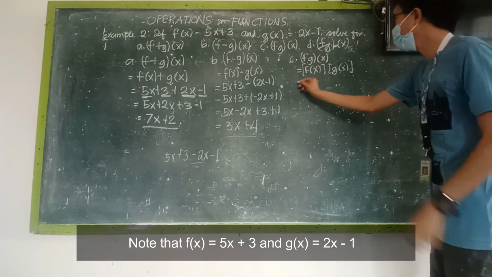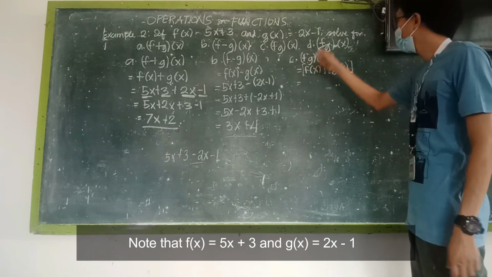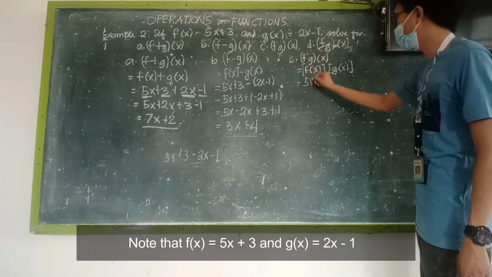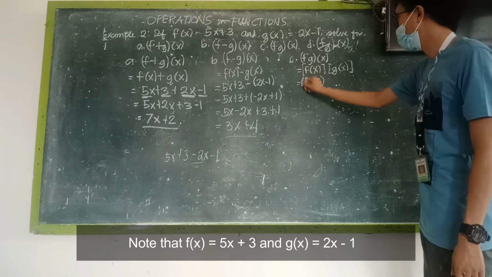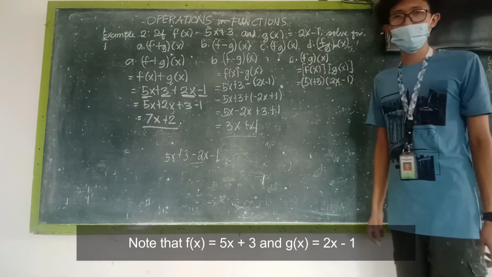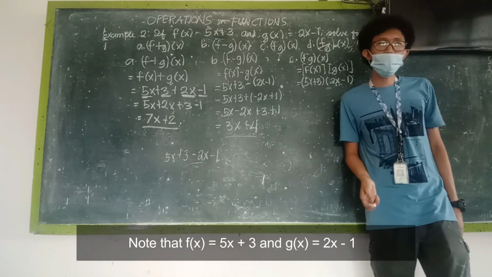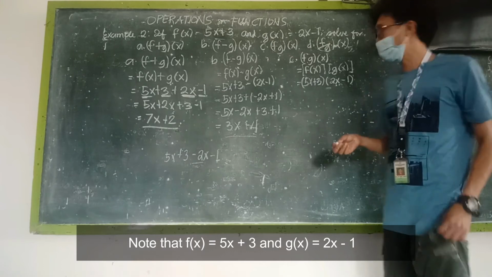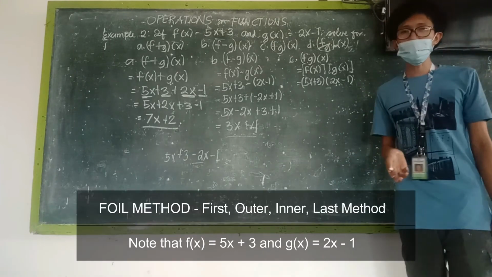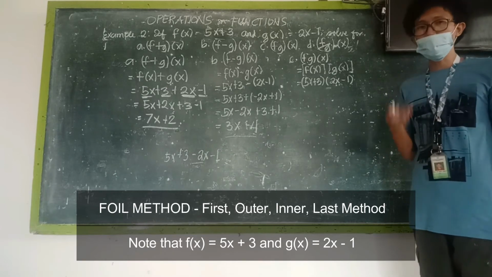So ang gagawin natin dito, we have f of x, so magiging 5x plus 3 times 2x minus 1. In multiplying binomial and binomial, we are going to use a method called the FOIL method. So FOIL method ang gagamitin natin when we multiply two binomials.